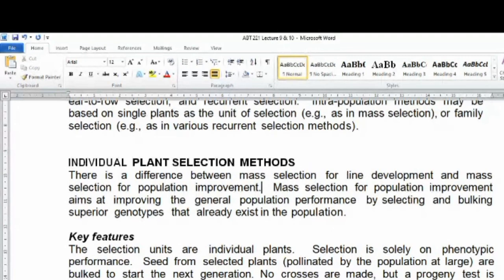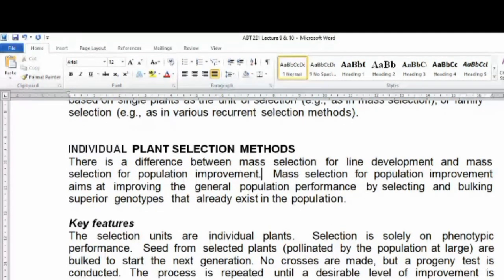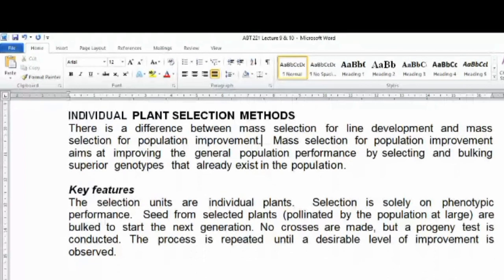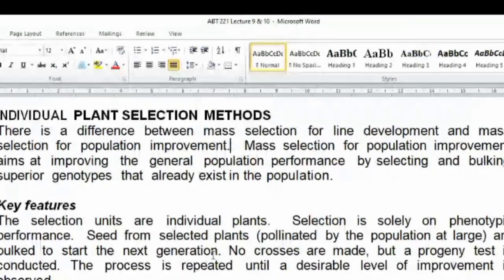So what is the key feature of individual plant selection methods? That selection units are usually the individual plants themselves. That selection is solely on phenotypic performance, and that seed from the selected plants are bulked to start the next generation.